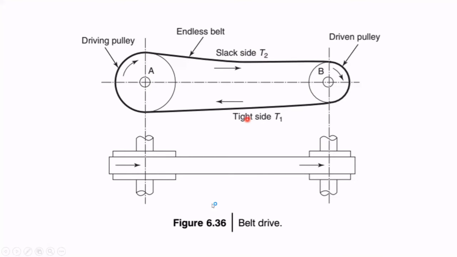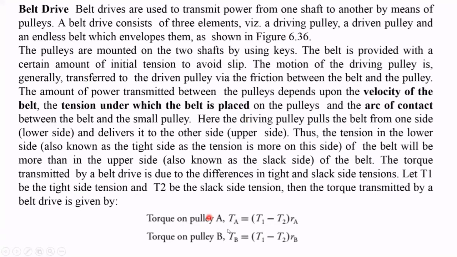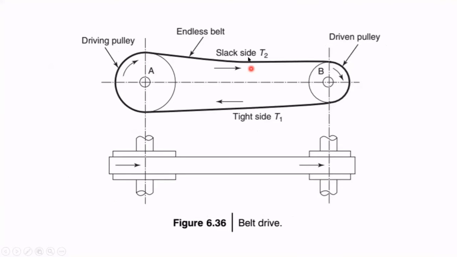See this, the torque on the pulley A is T1 minus T2 into radius, you know. Force into radius is nothing but torque. Force is in terms of tension, that's why T1 minus T2 into RA is the torque on the pulley A, and torque on the pulley B also depends on the difference between the tensions on tight side and slack side.